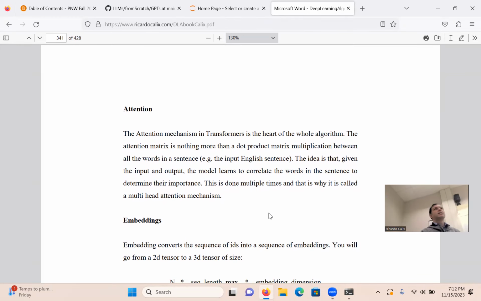So the idea is like the embedding of the word bank. This is probably the best example I can give. The embedding of the word bank, right? So we have bank of the river, the bank where my money is, and maybe some other bank, I don't know. But let's just take those two.